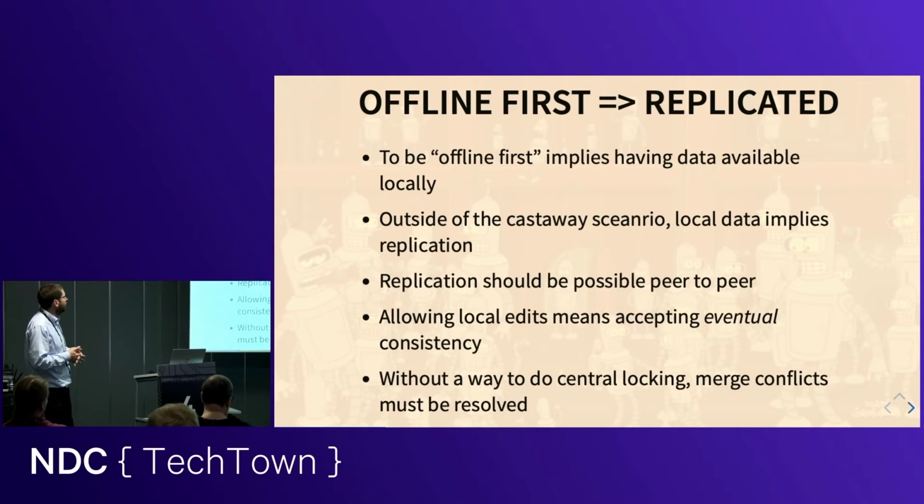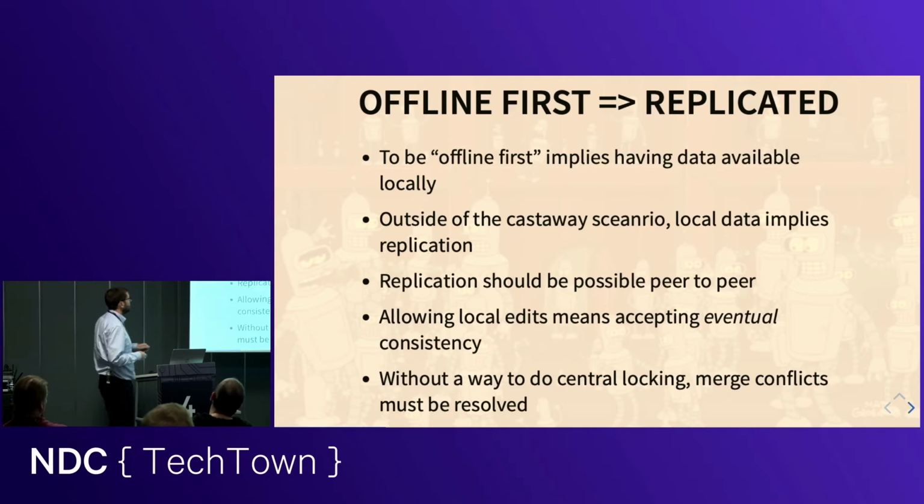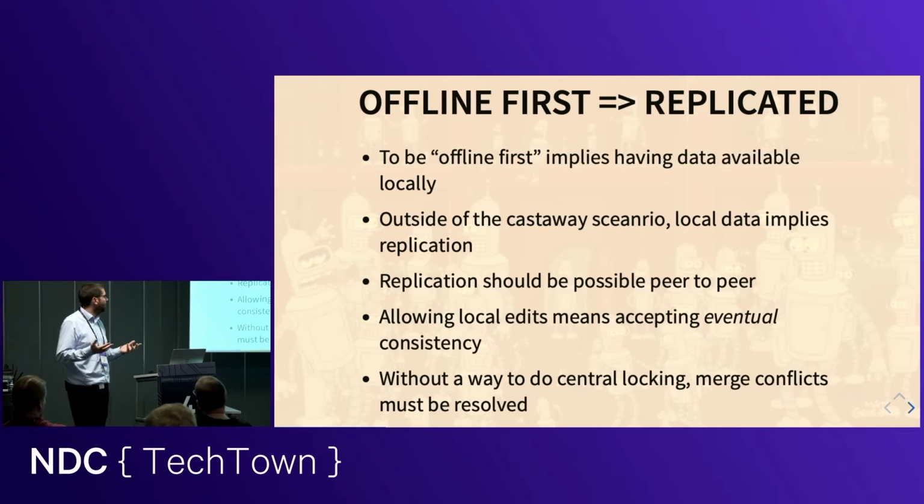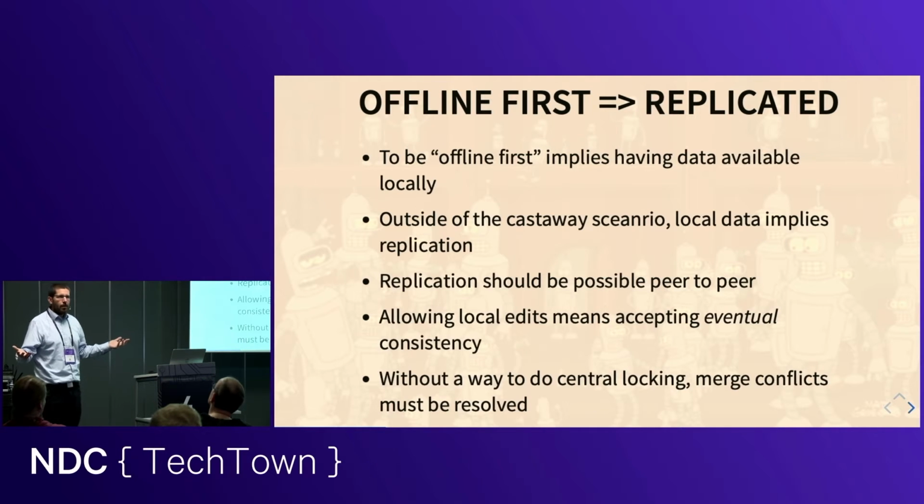And also, allowing local edits. If you have this local data, then allowing local edits, you have to embrace the concept of eventual consistency, with emphasis on eventual. It's not a failure state that you're trying to fix, it's just that they're different because you've done something, I've done something, we haven't merged our work yet, but that's fine.